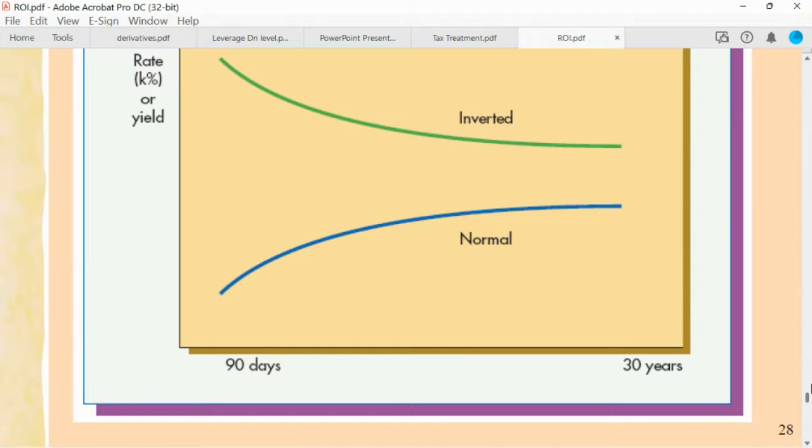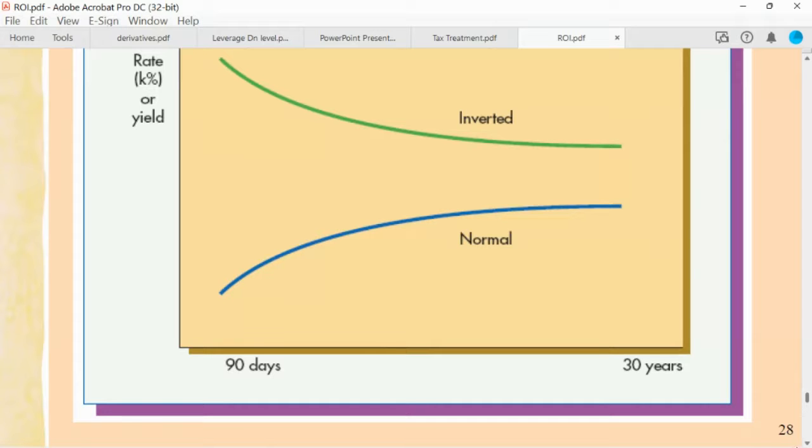Otherwise, there's no incentive for anybody to invest in a 30-year bond. Why? Think about it. If there's no difference between the annualized return of the 30-year bond and the 1-year bond, nobody will lock up their money in a 30-year instrument, because you can always get the same result by putting it into a 1-year bond and rolling it over for 30 years.